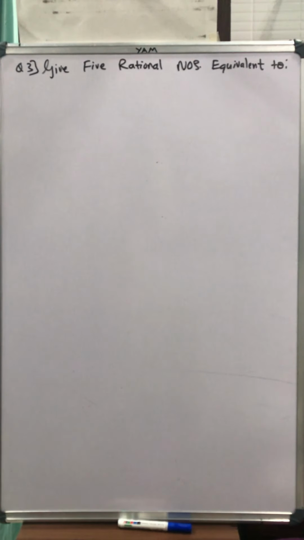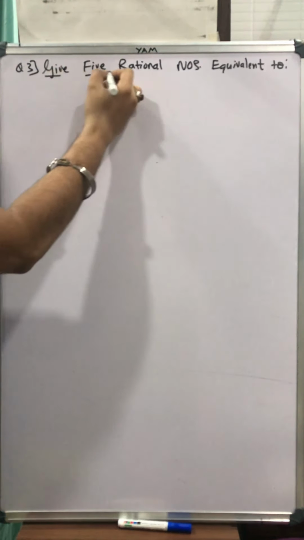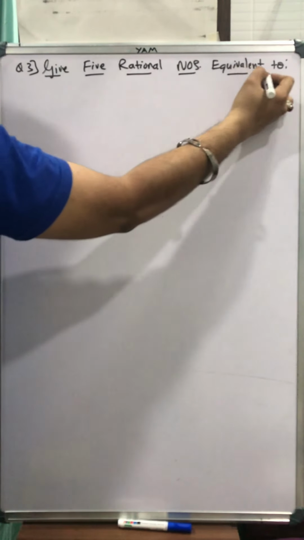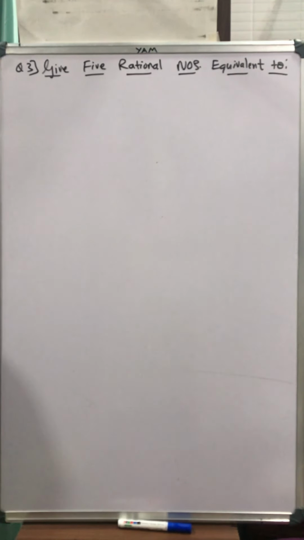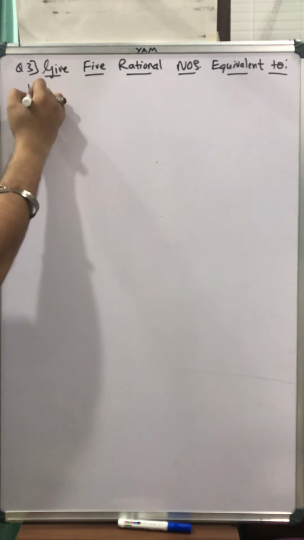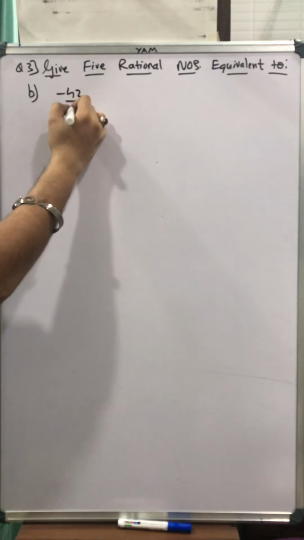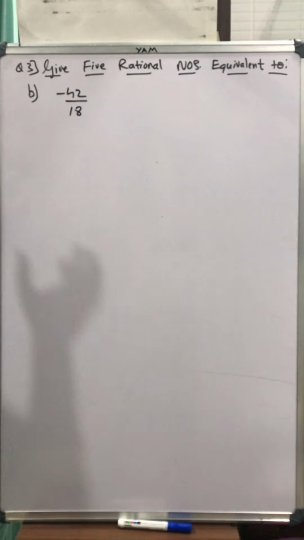Students, now the next question, the main heading, question number 3: give 5 rational numbers equivalent to. That means now they will give us one rational number. Let's take quickly one of the sums. Sub-question B, it's given here: minus 42 upon 18. This is a rational number.